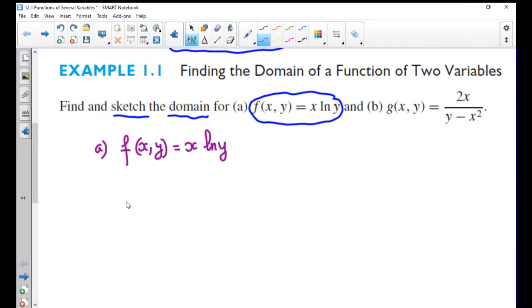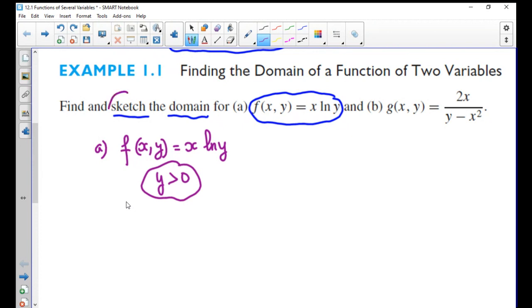Now, because we have ln y, what does it mean about the value of y? y must be positive. So here, y must be greater than 0. Otherwise, this function will not exist.